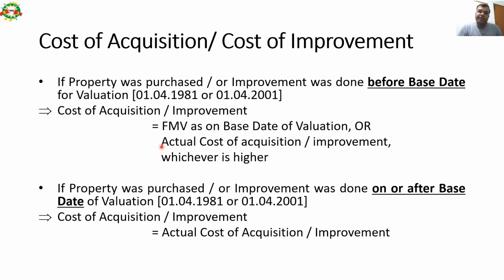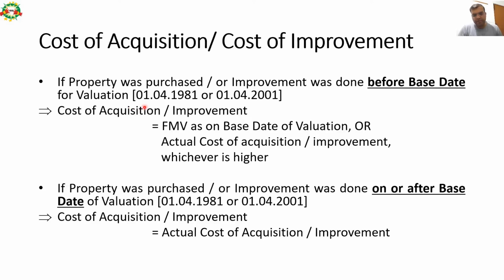So once we decide the base date of valuation, the next step is to calculate the cost of acquisition or cost of improvement. Once the base date of valuation is known to us, we have to see whether the property was actually acquired before the base date of valuation or after it.